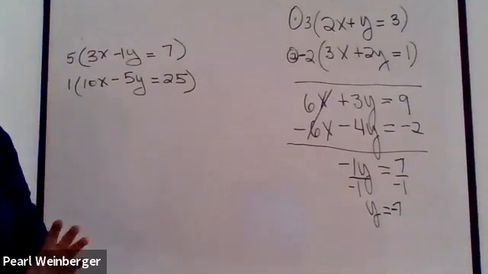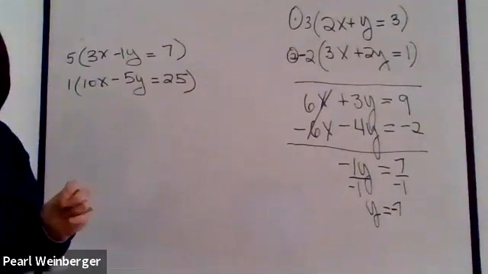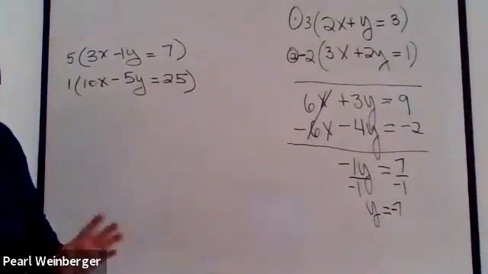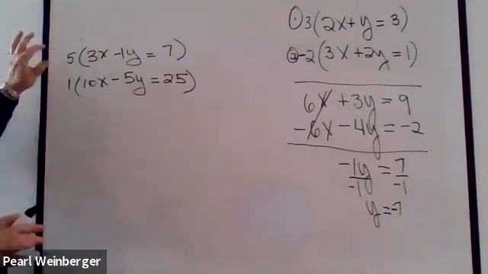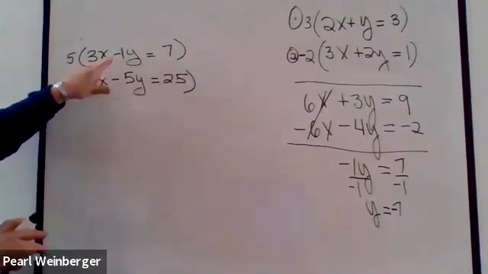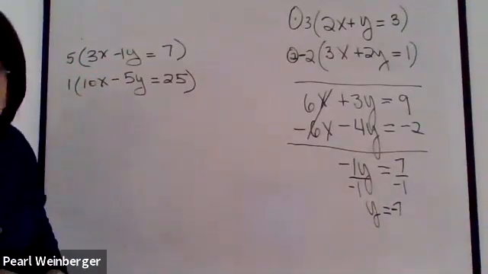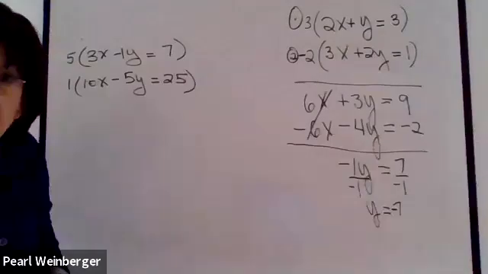Okay, so I multiply them by their opposite coefficients. Remembering, don't worry about the negative signs. But before you do the multiplication, just look. Do the two numbers have the same sign, or do they have different signs? They have the same signs. Do we want them to have the same sign?